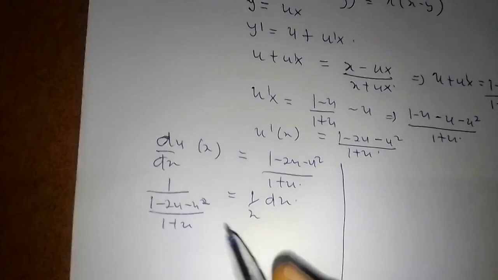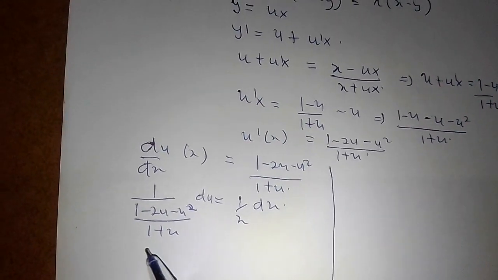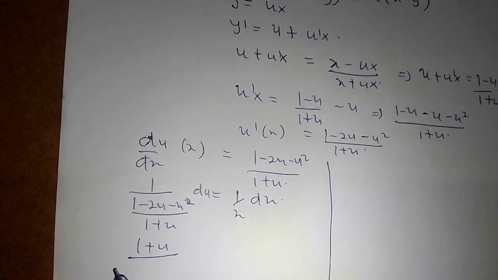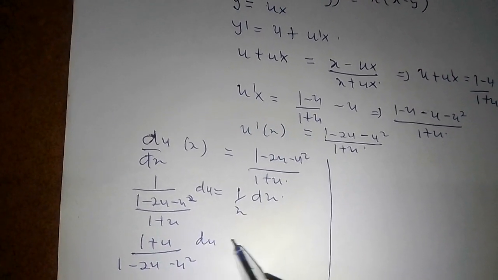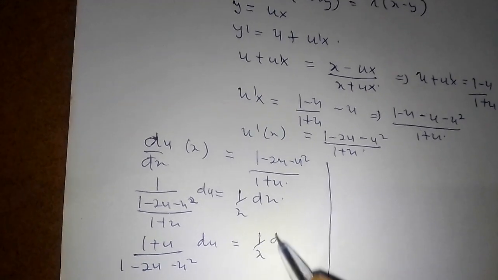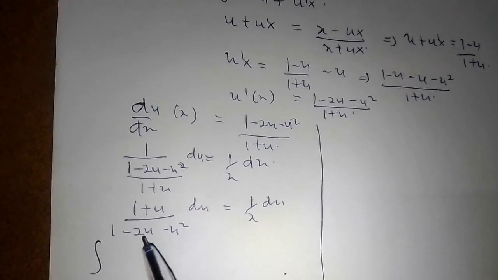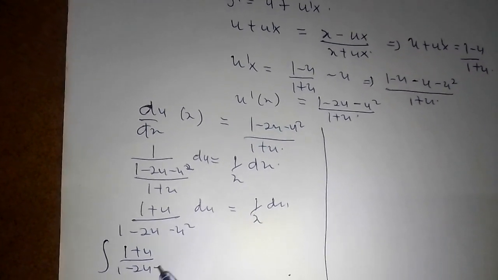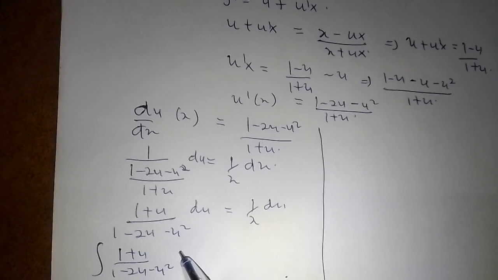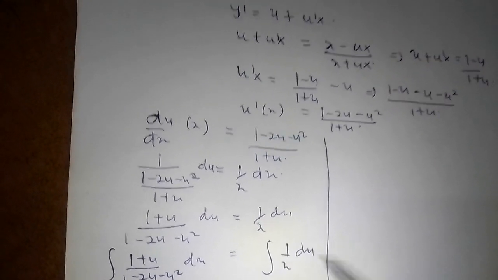At this point, we have the u here, so this will become (1 plus u) over (1 minus 2u minus u squared) du equal to 1 over x dx. Then I apply my integral sign on both sides: the integral of (1 plus u) over (1 minus 2u minus u squared) du is equal to the integral of 1 over x dx.